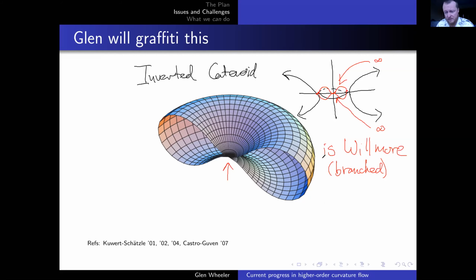But what Castro and Guven show in their paper, using very simple calculations, is that this point here is a curvature singularity. It looks like a nice point, right? But it's not. It's a curvature singularity. Now keep in mind that the catenoid is smooth, okay?